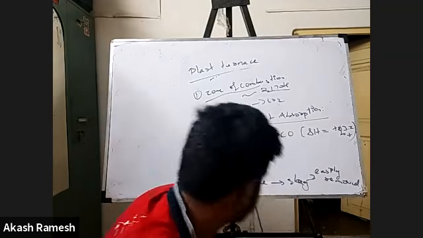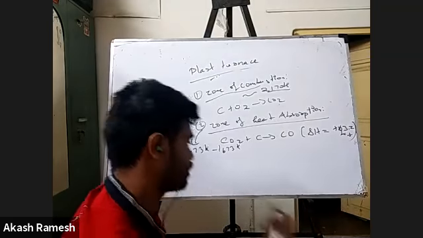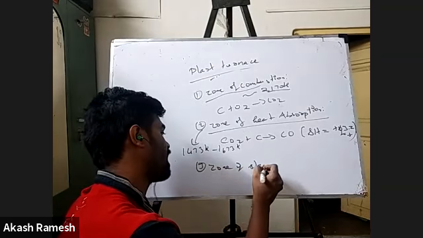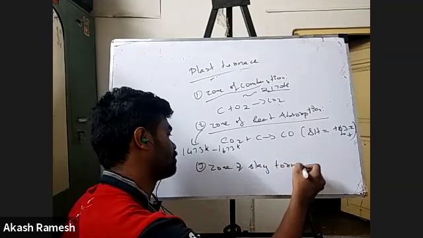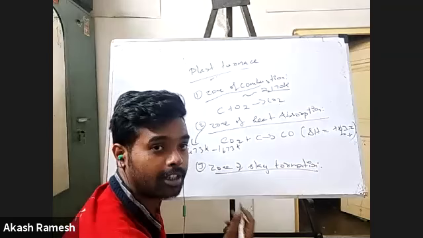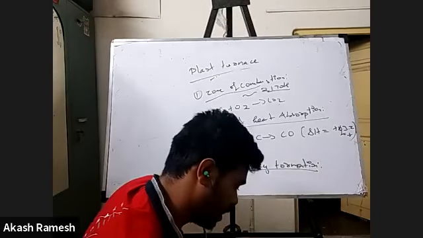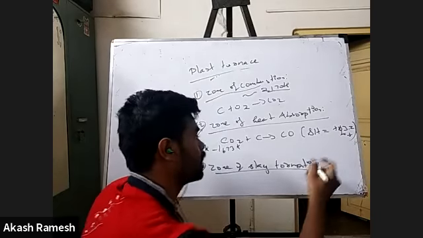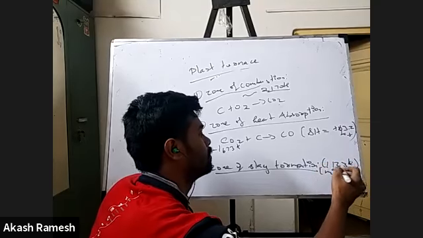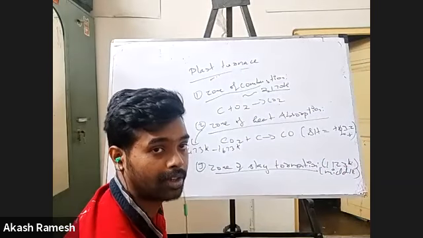Next is the third zone, the zone of slag formation. In this particular temperature zone, the slag is going to get formed. You know what slag is, right? This happens around 1123 Kelvin, almost in the middle of the blast furnace.